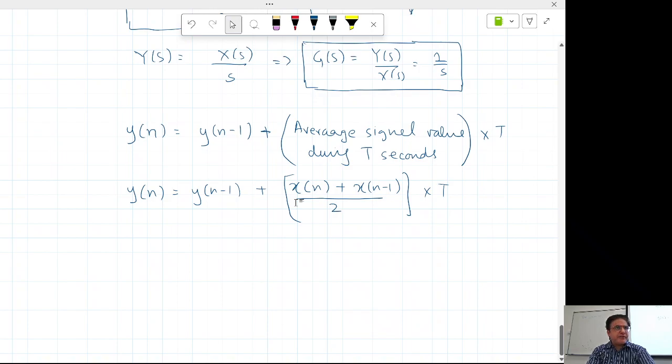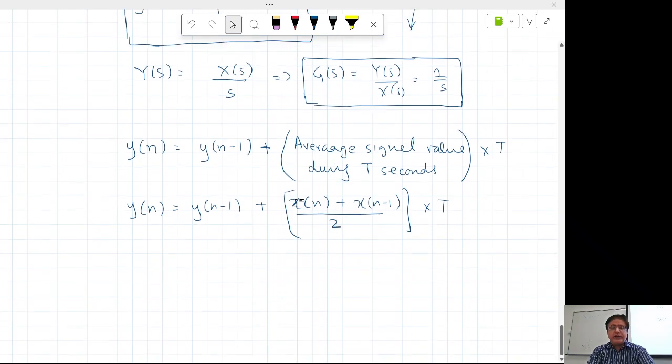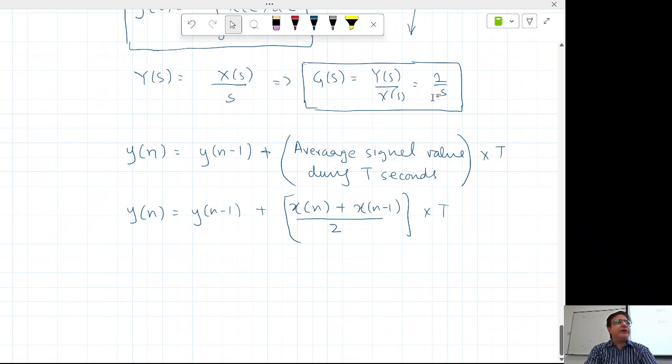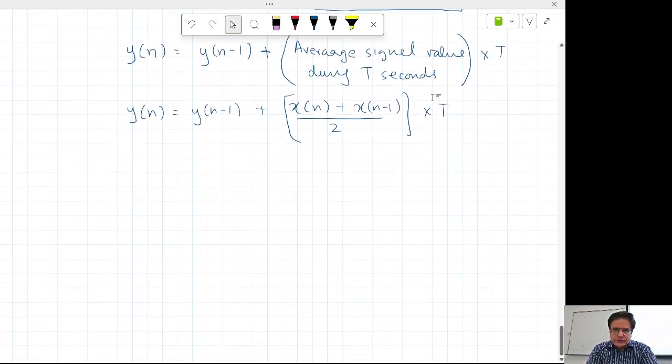So I have a transfer function representing the digital integrator, and I have the transfer function representing the analog integrator. I'll then equate the two because they are related. One is the approximation of the other. So that will give me the relationship between the z domain and the s domain. Clear? All right, let's do that.